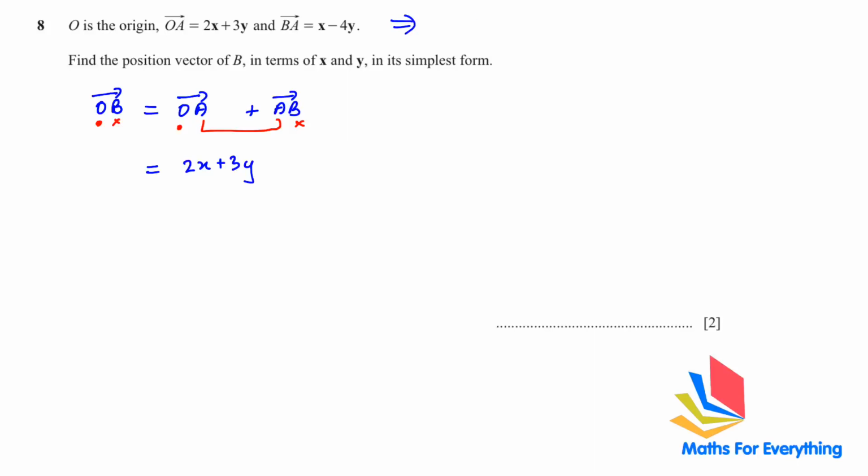So AB is, you just change the signs of each term. No matter how many terms you have, you change the signs. So you will have plus 4y minus x. Add the like terms together. 2x minus x is x and 3y plus 4y will give us 7y.